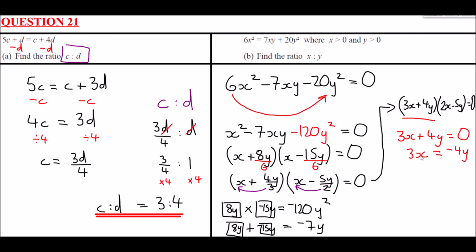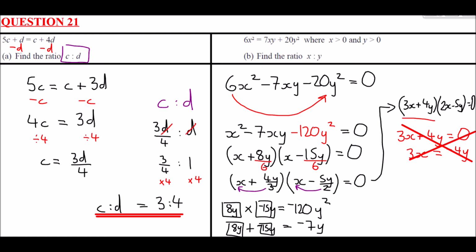If x were positive, like say if x were positive 10, 3x would be 30. Then if 30 equals minus 4 times something, that would force y to be the opposite sign. So if x were positive, y would have to be negative, or if x were negative, that would make y positive. So this is impossible if they both have to be positive. So actually, this bracket here isn't going to be where our solution lies.